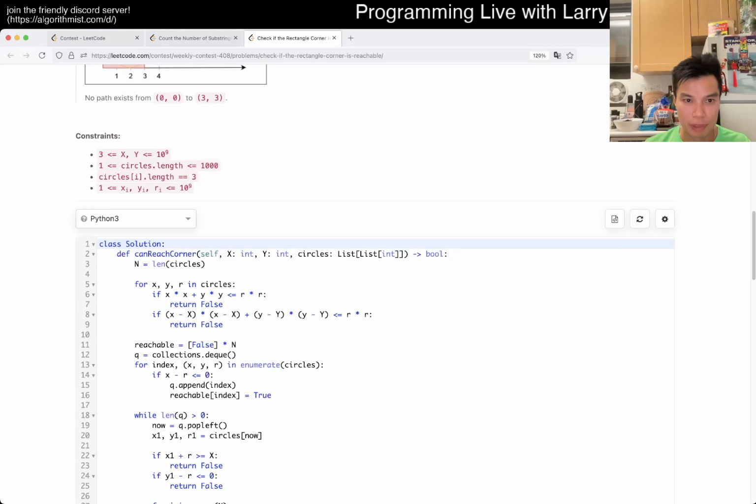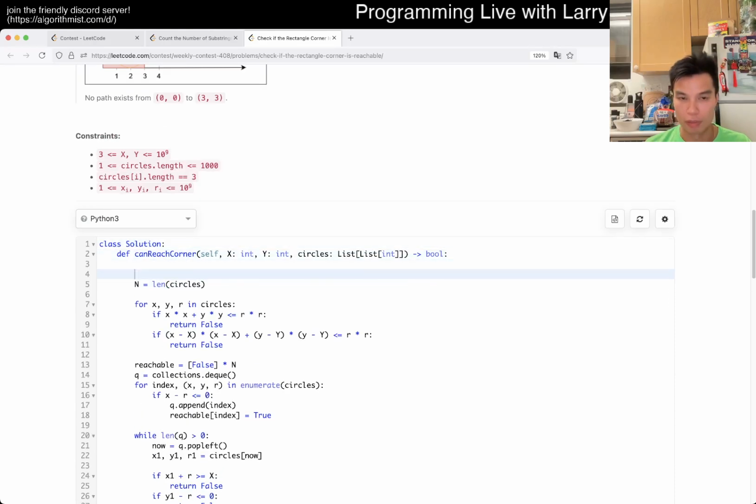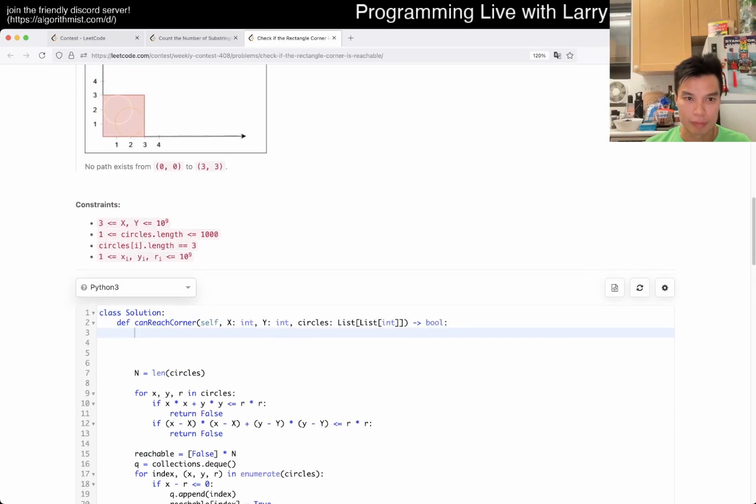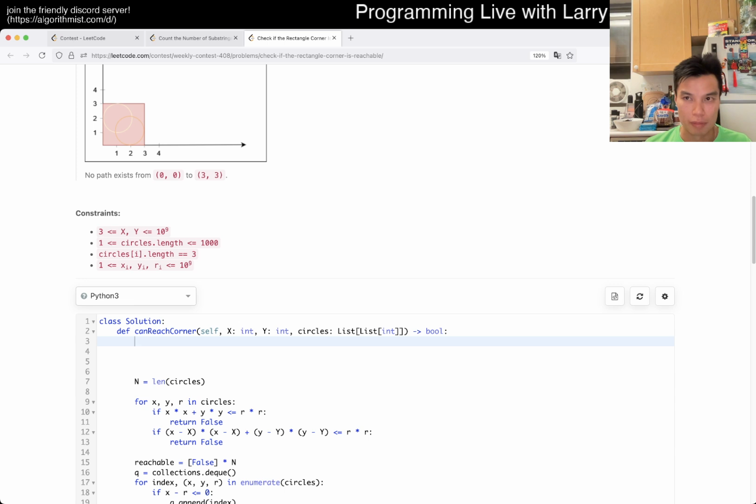But we should do a pre-filter, which is that if it is totally outside, then we don't care about it. Okay.